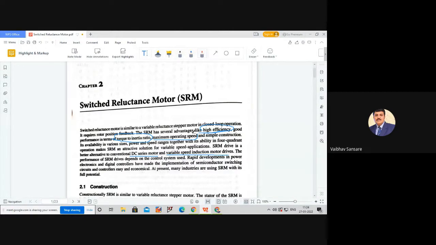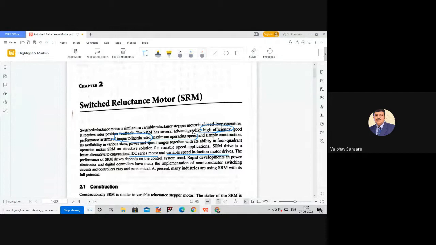Otherwise, for most of the applications, we have to run this SRM under closed loop condition. Therefore, the performance of the SRM drive entirely depends upon the control system which we use in that drive. Whatever control strategy or control system we use in this SRM drive, the entire performance of the drive will depend on it.